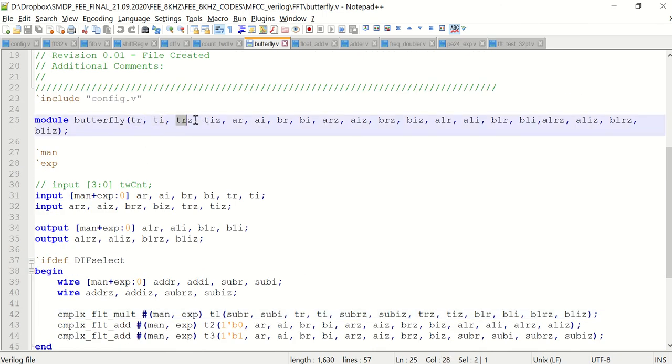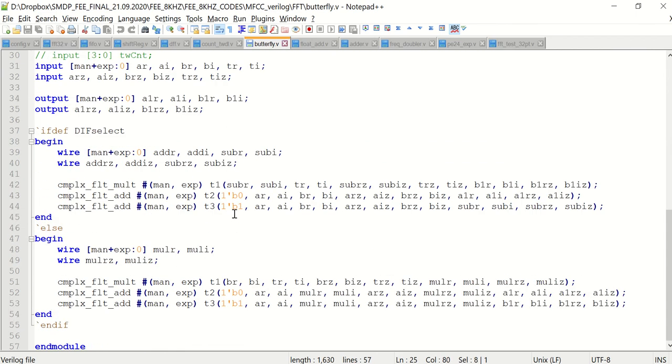Butterfly has three inputs basically: AR, AI as one input, BR, BI as another input, and TR and TI as the twiddle factor input. All these Z parts are the hidden bits representation. The butterfly has two outputs: A1R, A1I is the first output, and B1R, B1I is the second output.